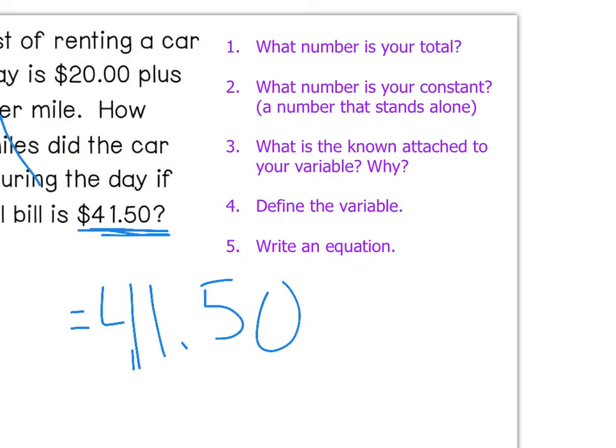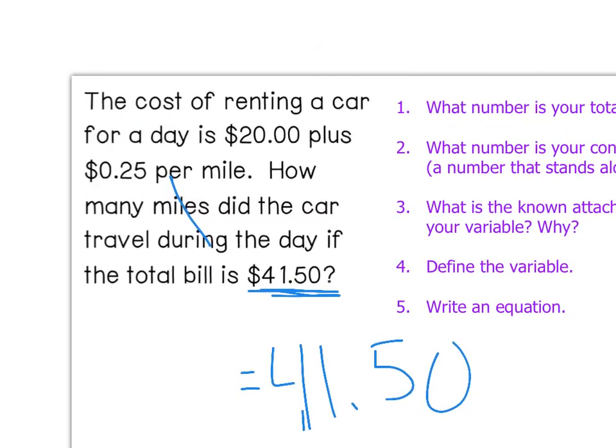So now the second thing we need to find is what number is our constant. So the constant is the number that stands alone. It would be the number that you are adding or subtracting. So if we look at our word problem, we have the cost of renting a car for a day is $20 plus 25 cents per mile. Okay, so the number that you would be adding would be the $20.